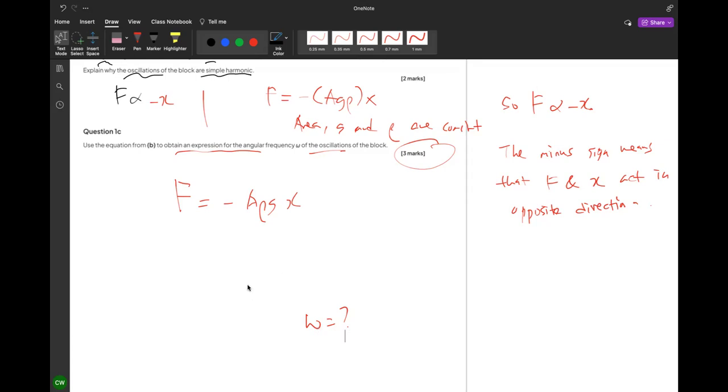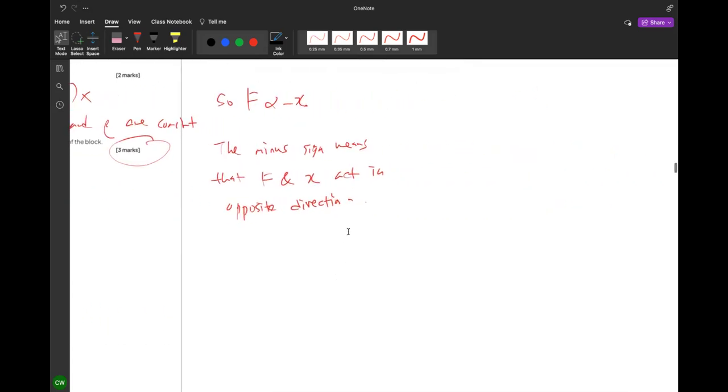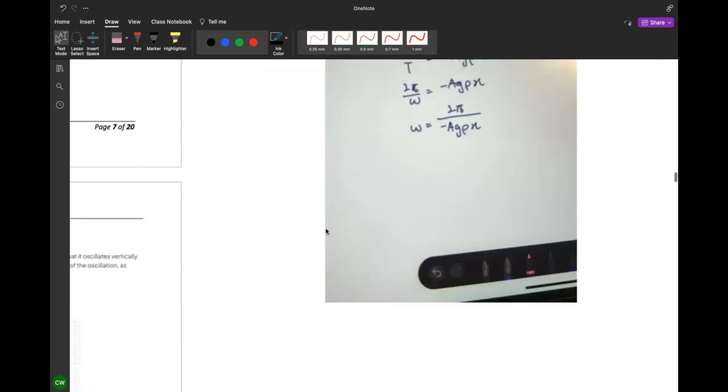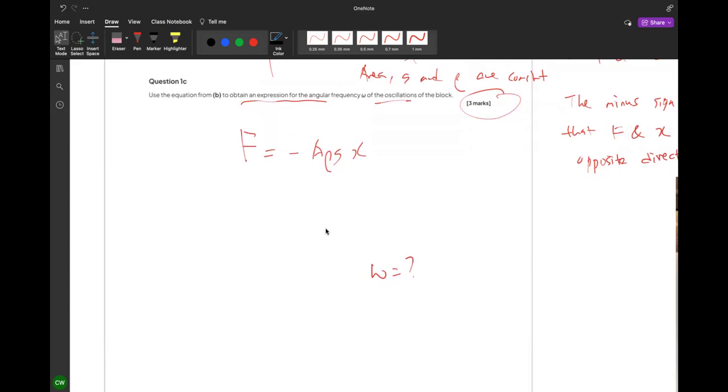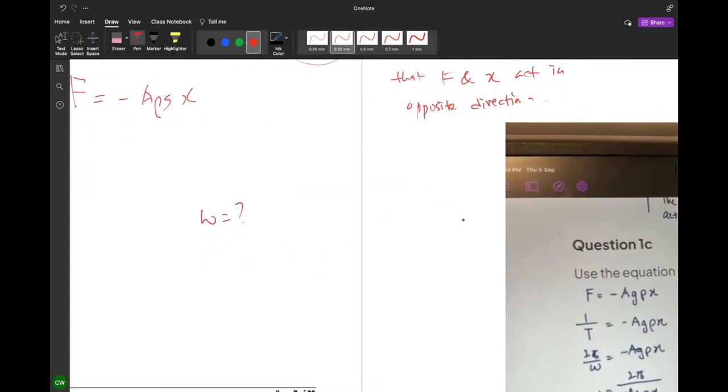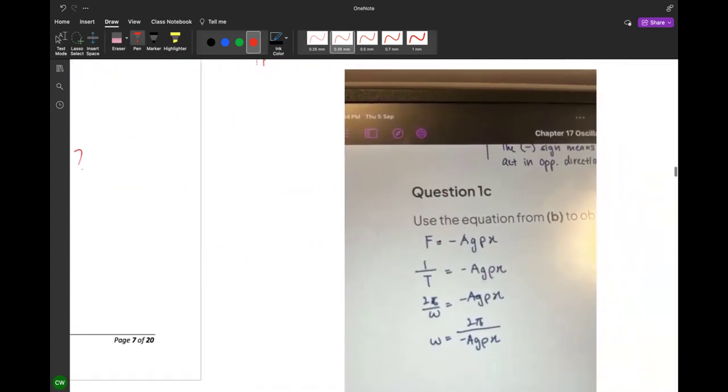Okay, any other answer? One answer. Okay, let's see. This one, the major problem is that this one and this one are not equal.